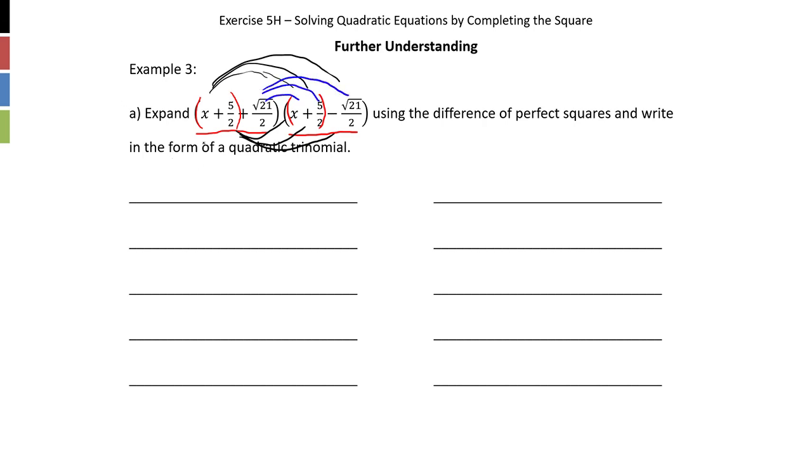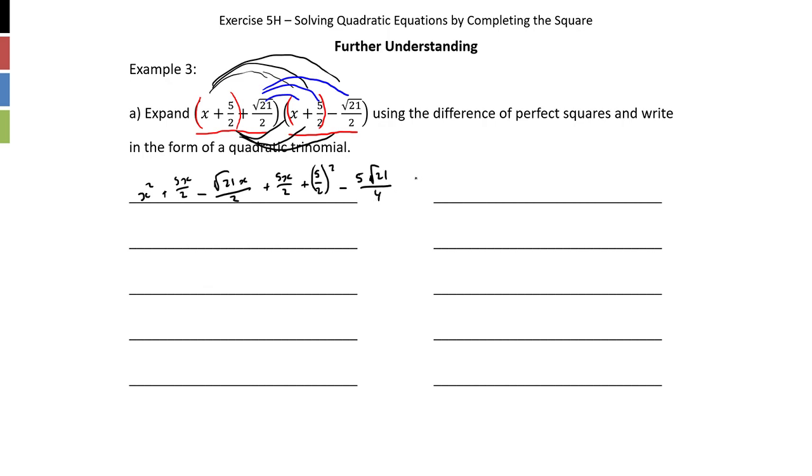Okay, so let's start with our first term. So we get x squared plus 5x on 2 minus root 21 x on 2. So that's that first term multiplied out. Now we'll do the middle term. So we get plus 5 on 2 times x plus 5 on 2 squared, minus 5 root 21 on 4.